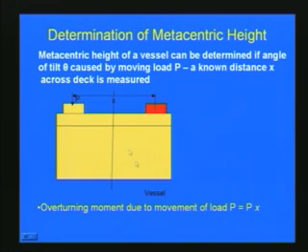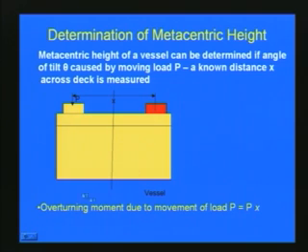If there is a small tilt theta caused by the moving load, and the distance x across the deck is measured, then we can determine the metacenter height.